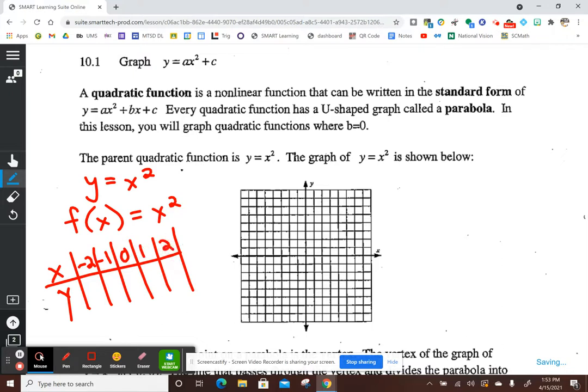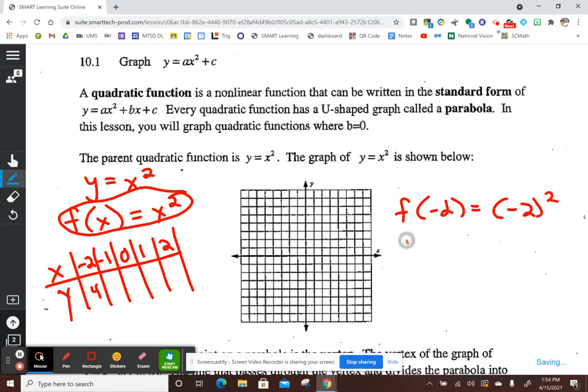So these are the points I'm picking. Now, if I plug -2 into this, so I'm going to find f of -2. It's going to equal -2 squared, which is 4. F of -1 is going to be -1 squared, which is 1. F of 0 is 0, f of 1 is 1, f of 2 is 4.